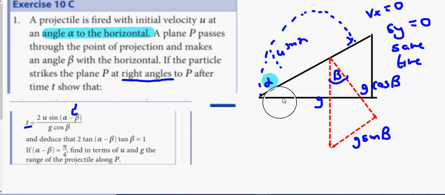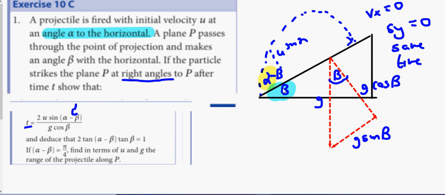So alpha is this angle here combined with this angle here. Alpha equals the yellow angle and the blue angle combined. But we know that the blue angle is beta. So this would make the thrown angle alpha minus beta.